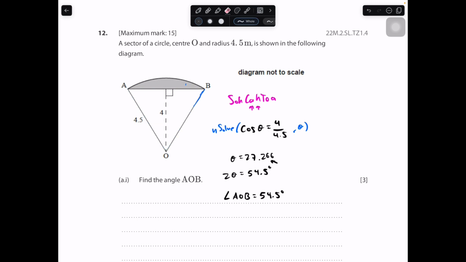Okay, so what do we have? We know that this angle theta is equal to 54.5 degrees. So we don't have a whole circle, we only have a partial circle. And what do we have?